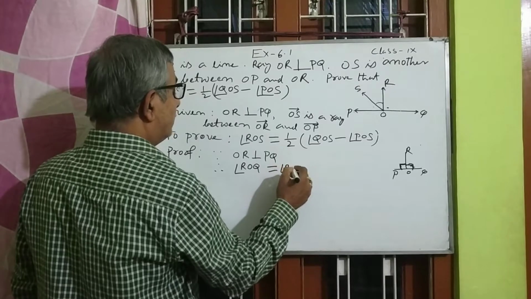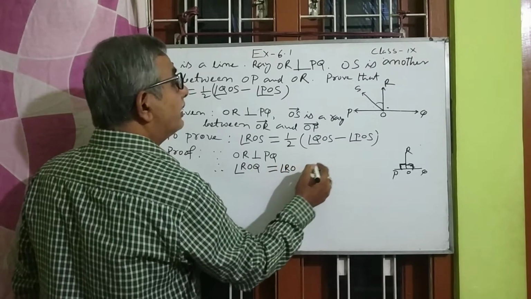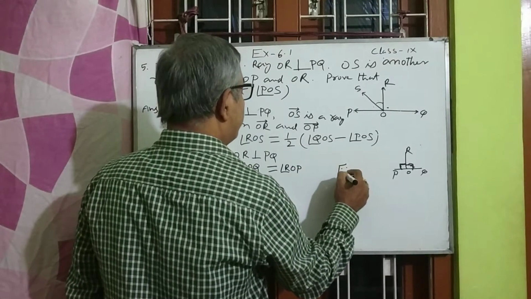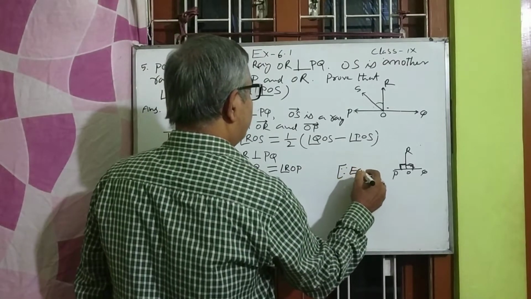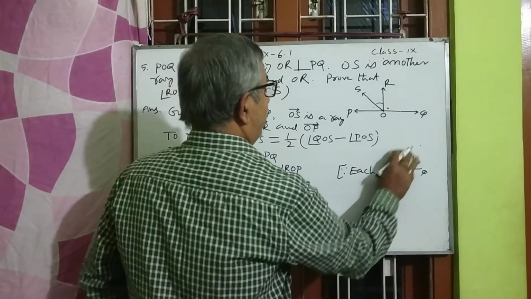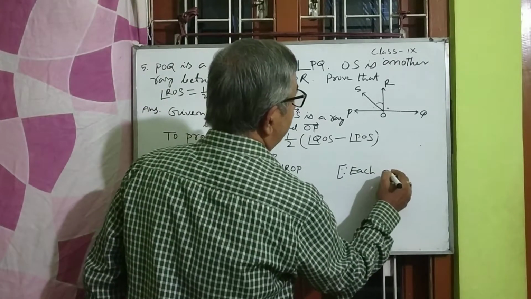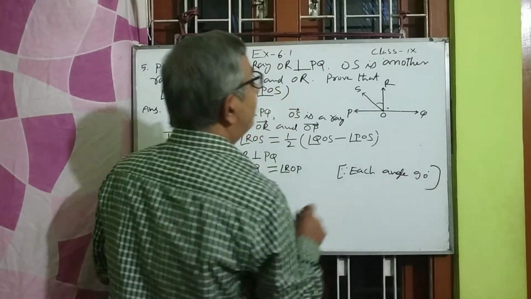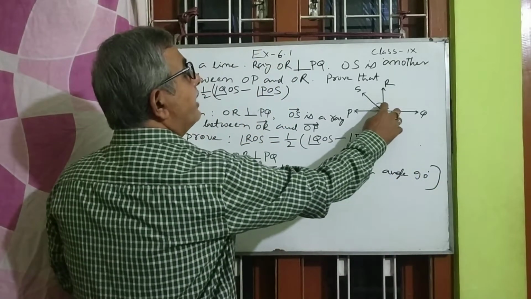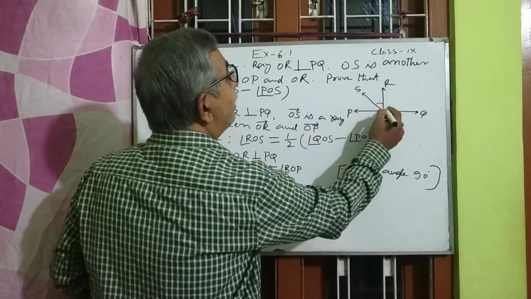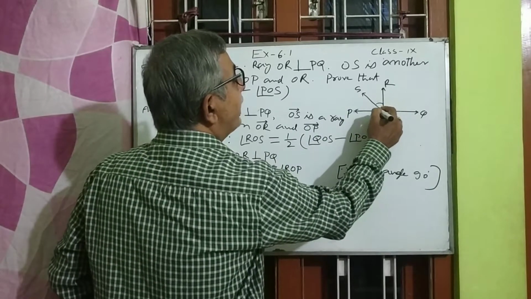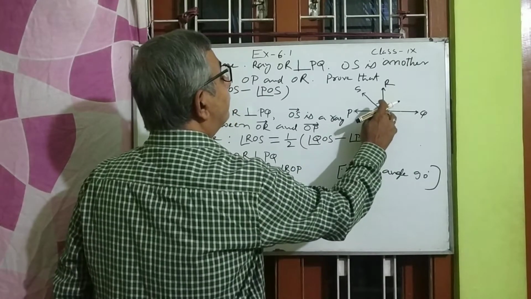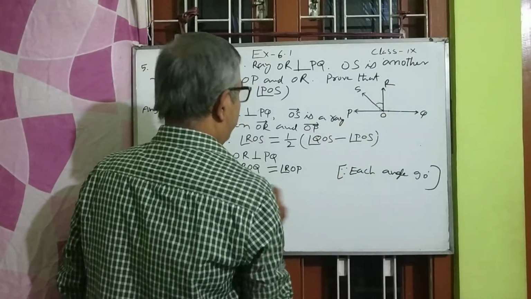Because each angle is 90 degrees. Clear or not clear? This is also 90 degrees and this is also 90 degrees. So this angle will be equal. Remember this thing.